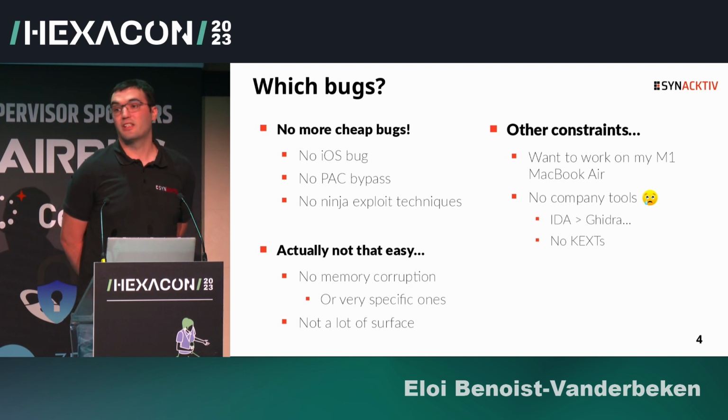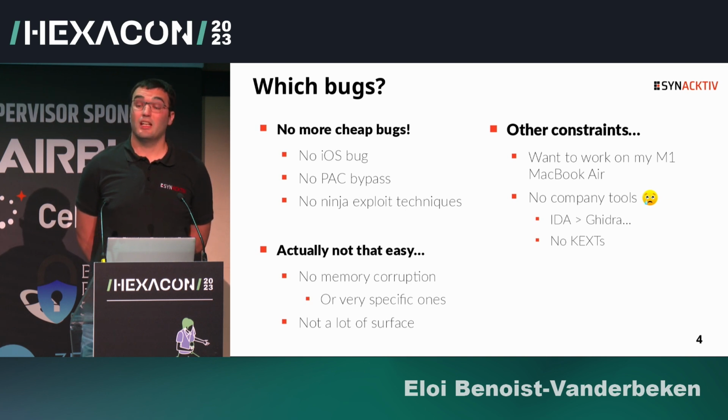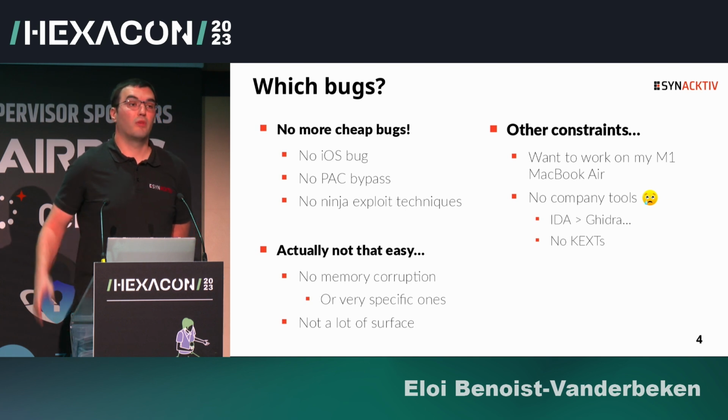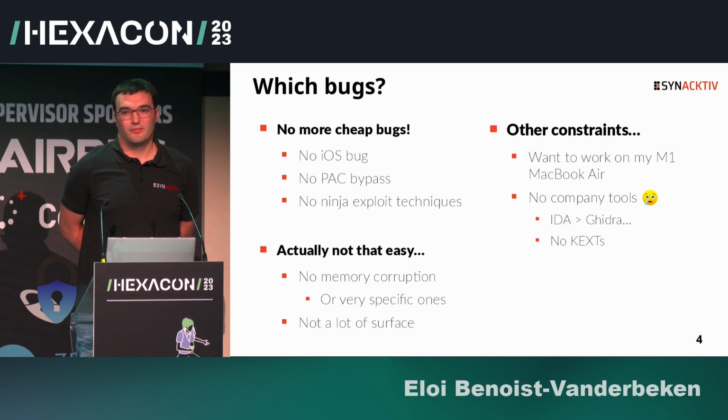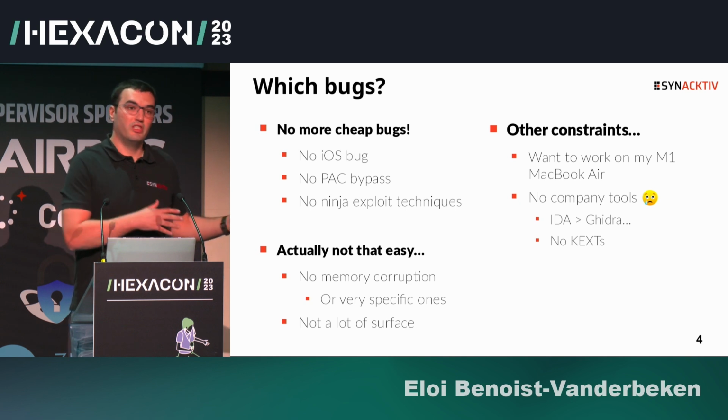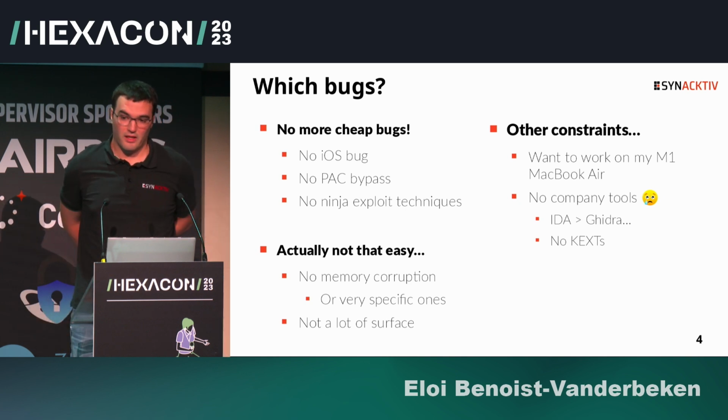There is a quite easy target which is only on macOS. Those are kernel extensions. But as I wanted to do the research on my own MacBook Air, because I do own a MacBook Air, I didn't want to use my company laptop because it's not a MacBook, and I don't want to mix bounty with professional things.